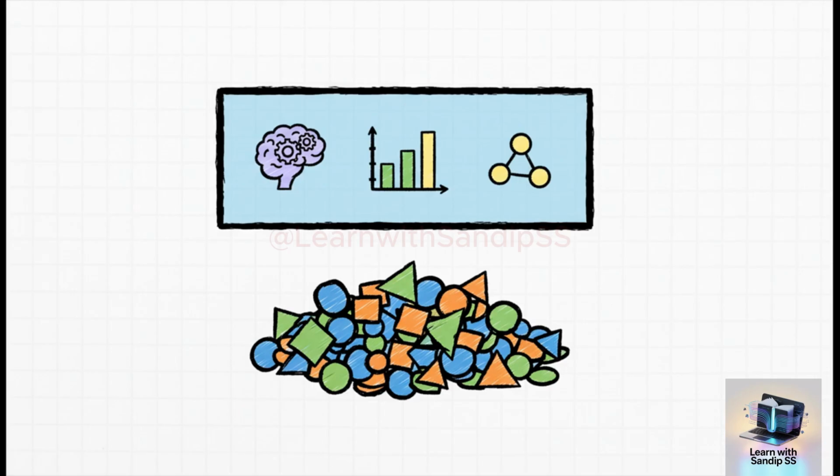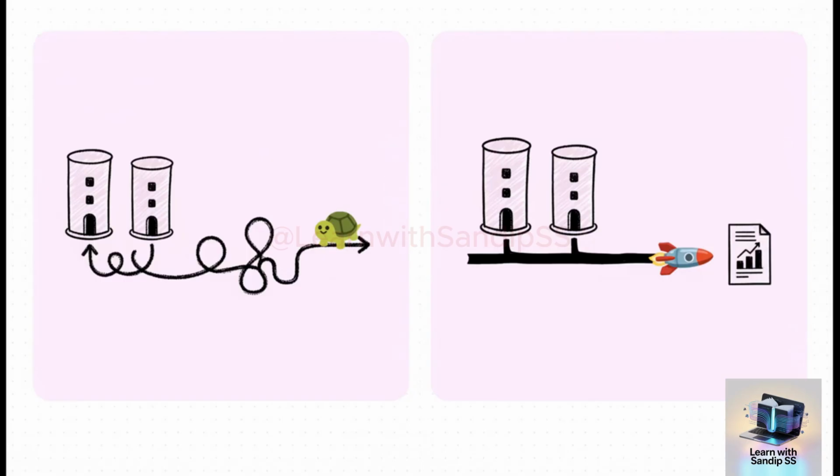Just think of them as smart, virtual layers that sit right on top of all your raw data. To really get why this is such a game changer, just look at this comparison. In the before world, your accounting data and your sales data lived in totally separate systems. Trying to combine them was a complex, slow, painful process. But now, with CDS views, you get a single, unified view, and the data is combined in real time, instantly.